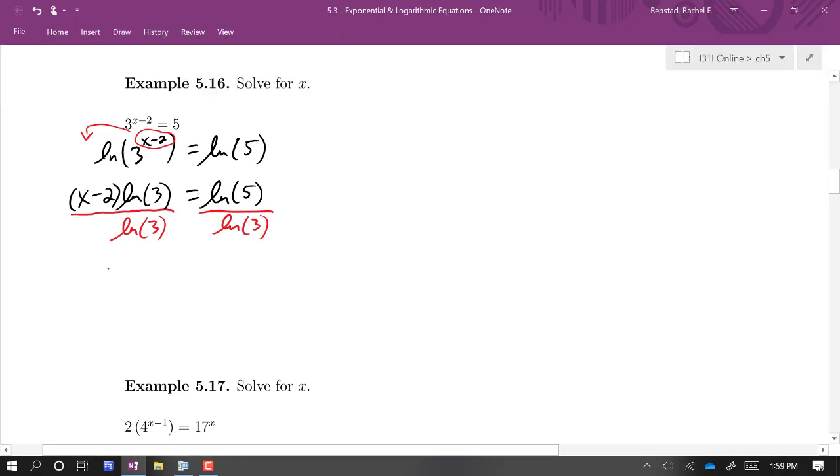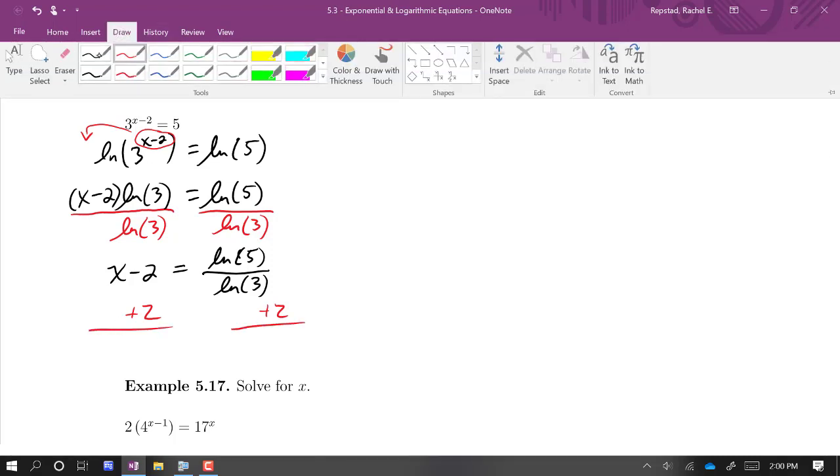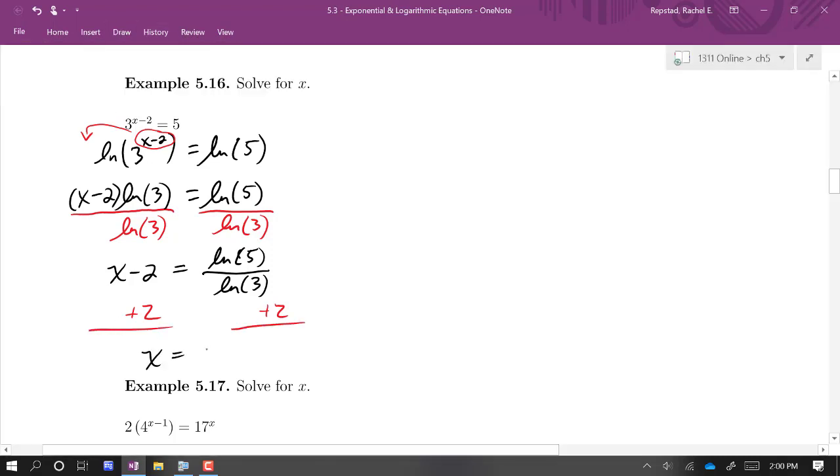And that gives us the equation x minus 2 equals ln 5 over ln 3, and then we just need to add 2 to both sides. Ln 5 over ln 3 plus 2.